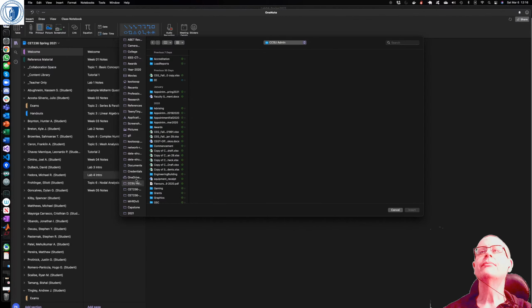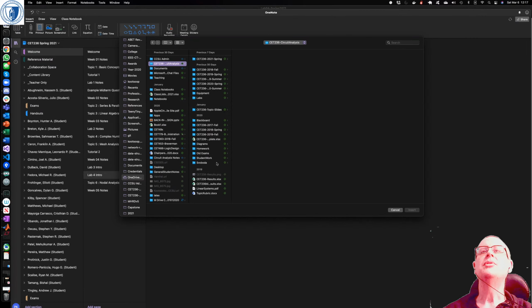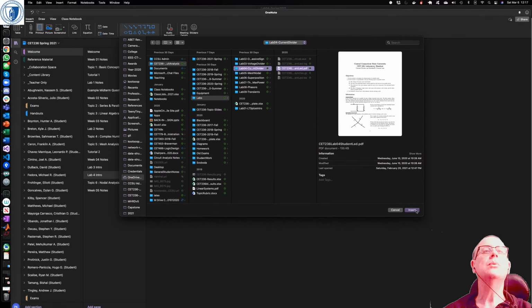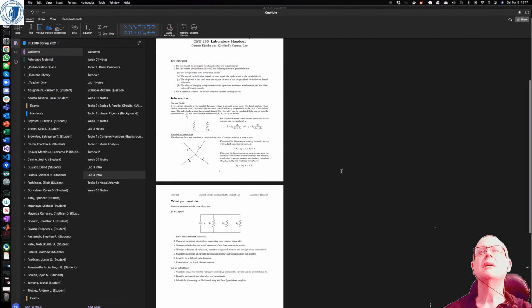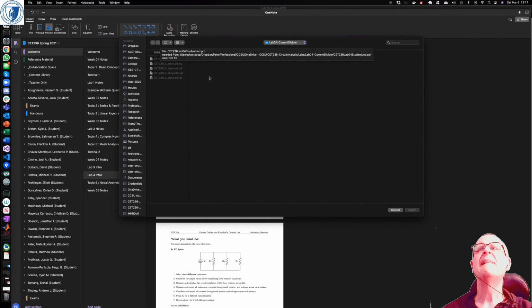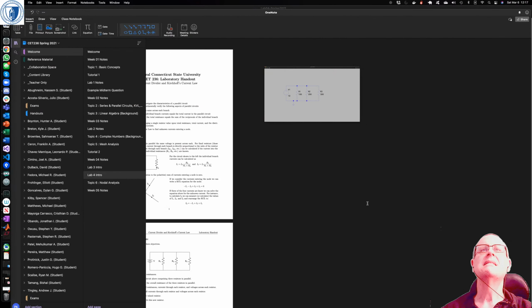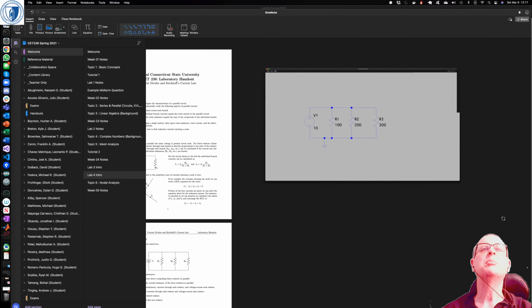I decided to make the labs generic because I do change them a little bit course to course. Okay, so there's our lab, and let's just insert that screenshot that I took. That's a bit small, let's make it a bit bigger.